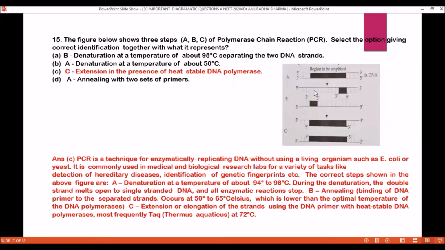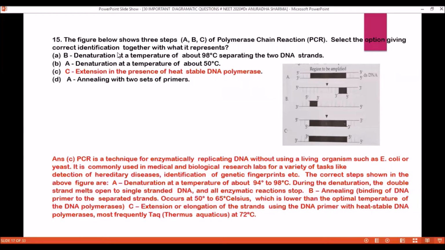Now the figure shows three steps A, B and C of polymerase chain reaction. Polymerase chain reaction is a technique of biotechnology and it is used for amplification of DNA. So select the option giving the correct identification together with what it represents.